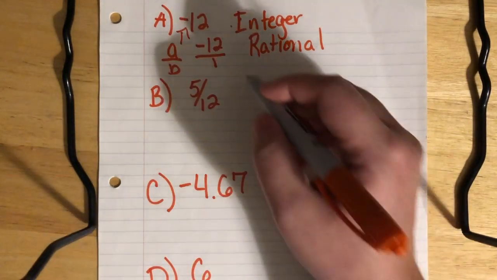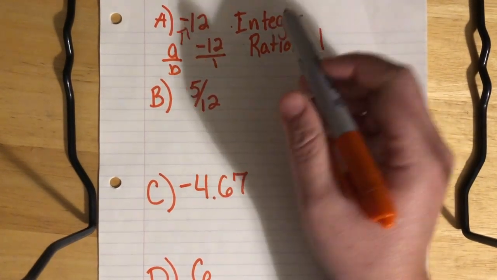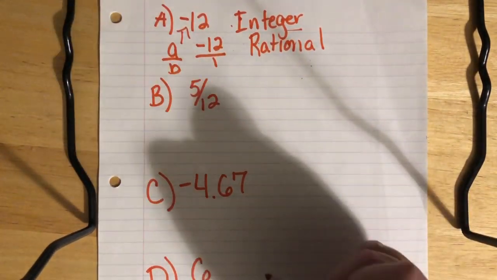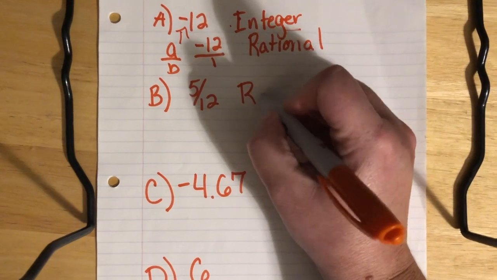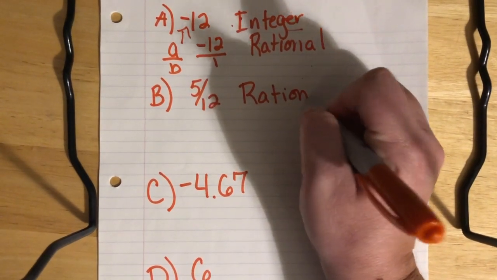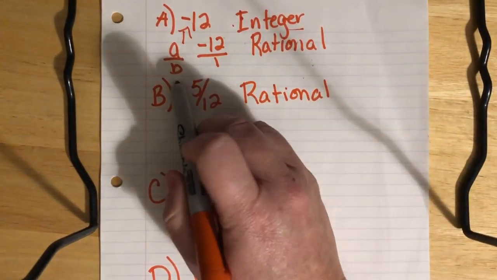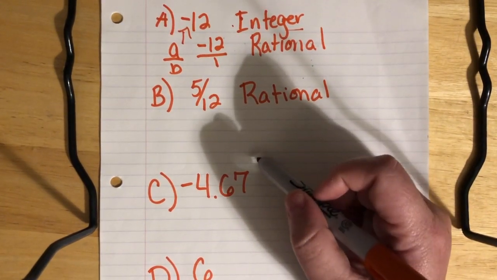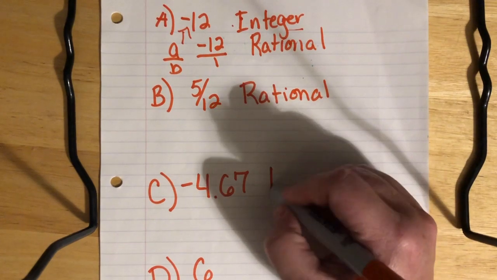B is 5/12. That does not have either the integer or the whole number or the natural number, but it is rational because, yet again, it matches the fraction form. C is also a rational number.